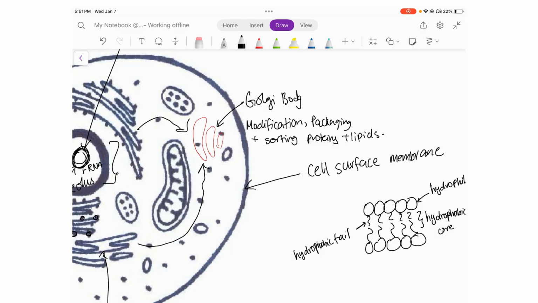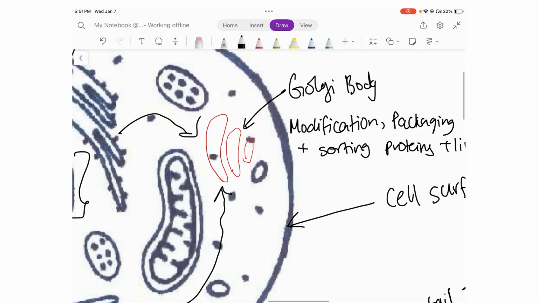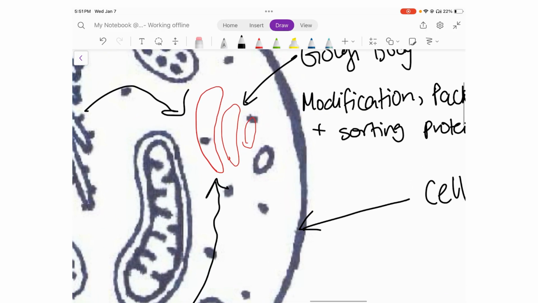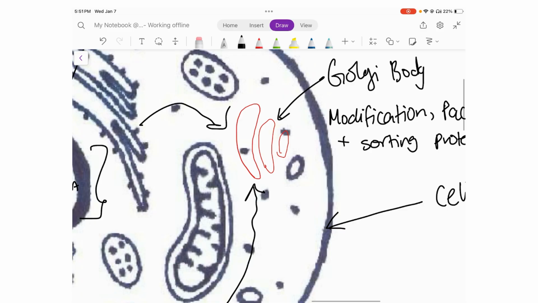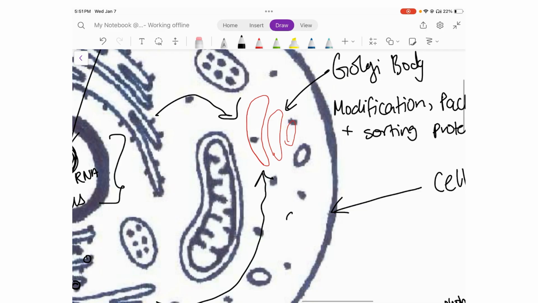What it also does is produce vesicles or lysosomes, which both are involved in packaging substances within itself, which I'll get to later. But let's look at vesicles first. So these proteins or lipids will be found in these membranes, which I will be drawing over here.